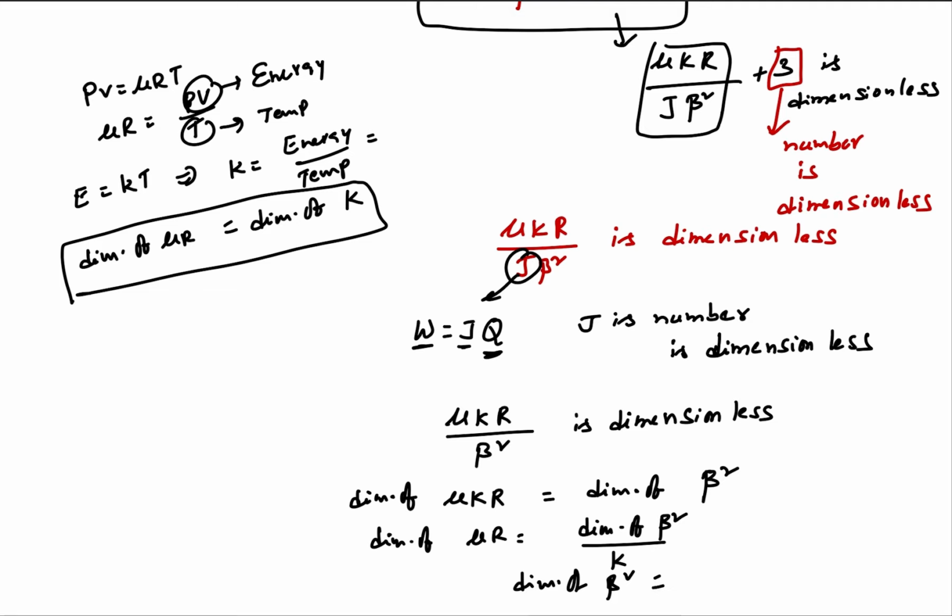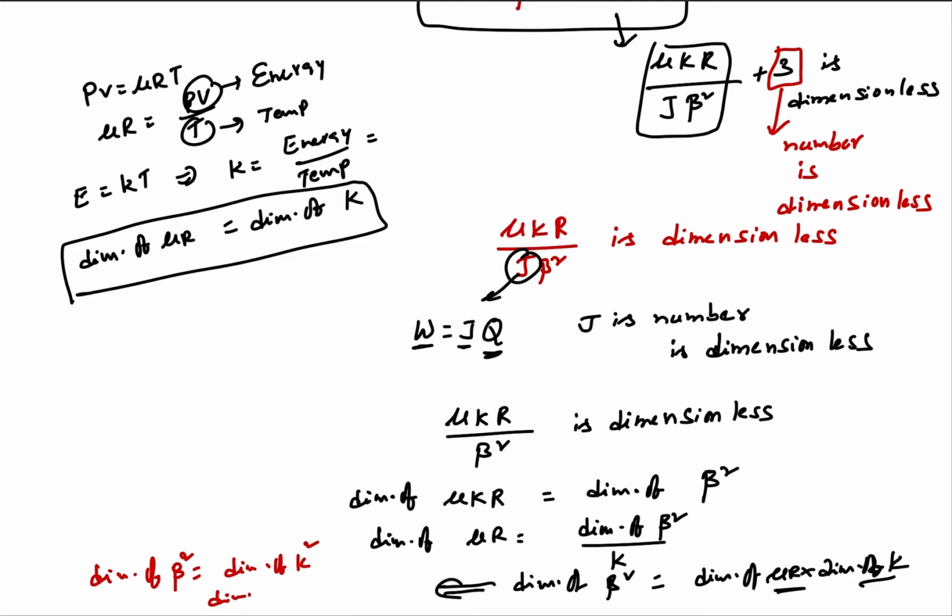If you see that dimension of K and beta, if you write that, dimension of beta square is equal to dimension of mu r into dimension of k. As mu r and k is having same dimension, from this we can write it as dimension of beta square is equal to dimension of k square.